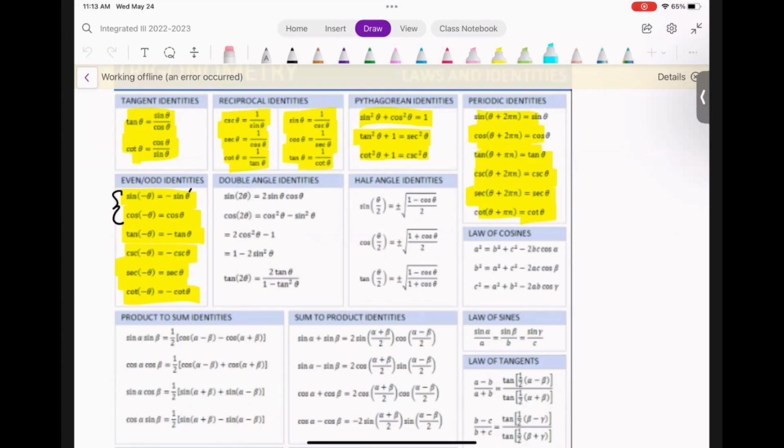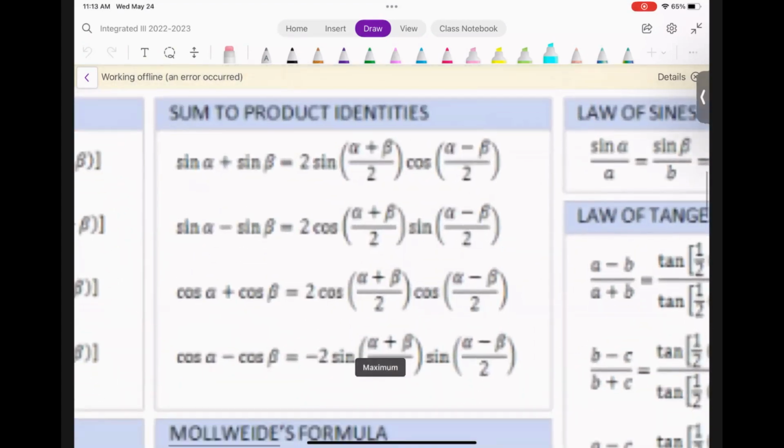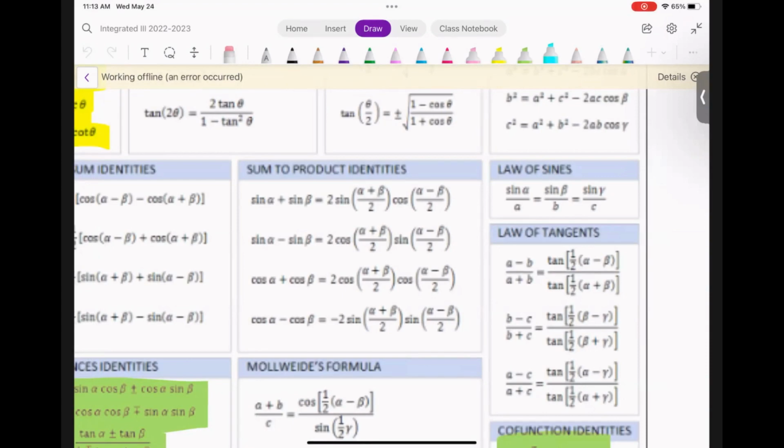So if you wanted me to, hey, Ms. Johnson, can you prove to us the sum to product identity? Sine alpha plus sine beta equals 2 sine of alpha plus beta divided by 2. Can you prove that to us? Yes, I can.